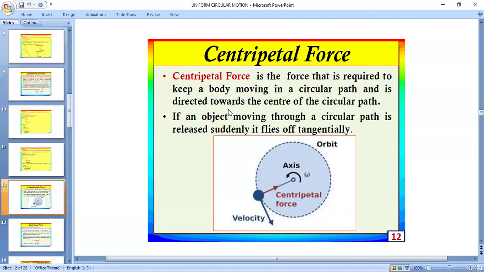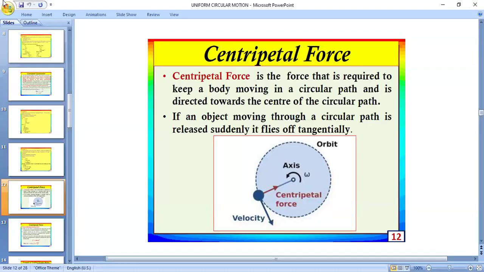The resultant force F equals mass times acceleration. And we have already known that acceleration can be written in two ways. It can be written as a equals v squared over r, or it can be written as a equals omega squared r.